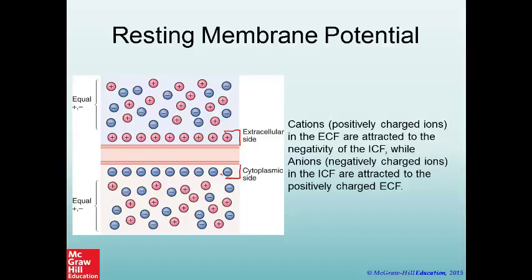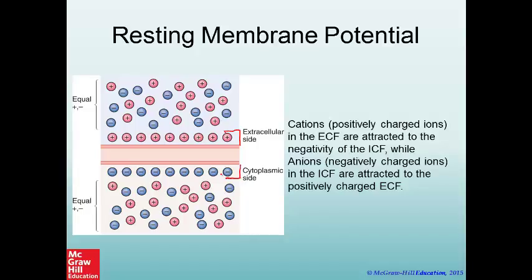As long as they are separated, as long as they don't come into contact with each other, just like a battery, you've got stored potential energy. As soon as there is some way for them to come into contact with one another, though, then you will get charges moving, and that's called an electrical current. The way we usually do this is by opening and closing channels.